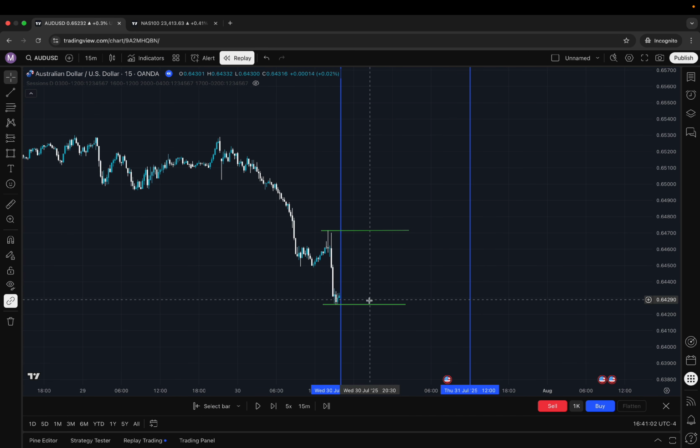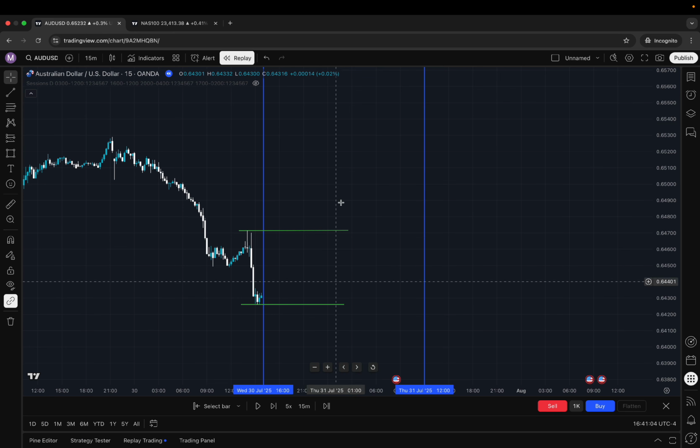So let's see what happens. We will be getting a fair bit of consolidation, as I mentioned previously, as we're in Asia session. And more consolidation here. But as you guys can see, the liquidity buy side has been taken, so we are looking for short positions overall.